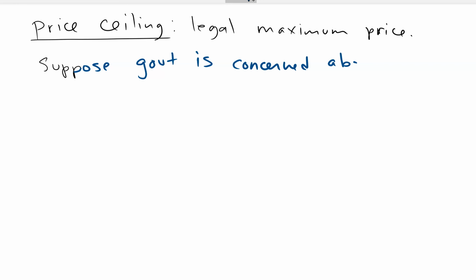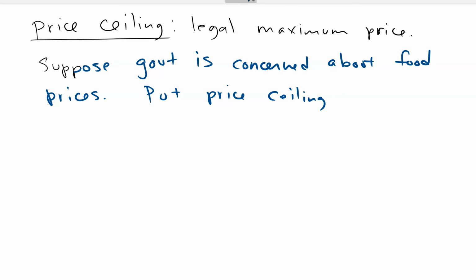Maybe food prices are rising and they want to keep a handle on this. So they put a price ceiling, remember, it's a legal maximum, of $2 a loaf on bread. So that's a legal maximum.